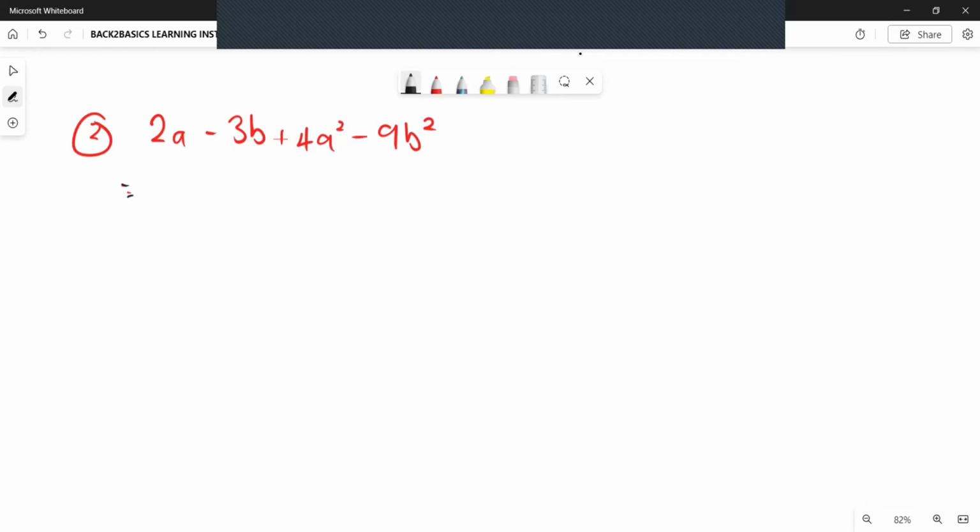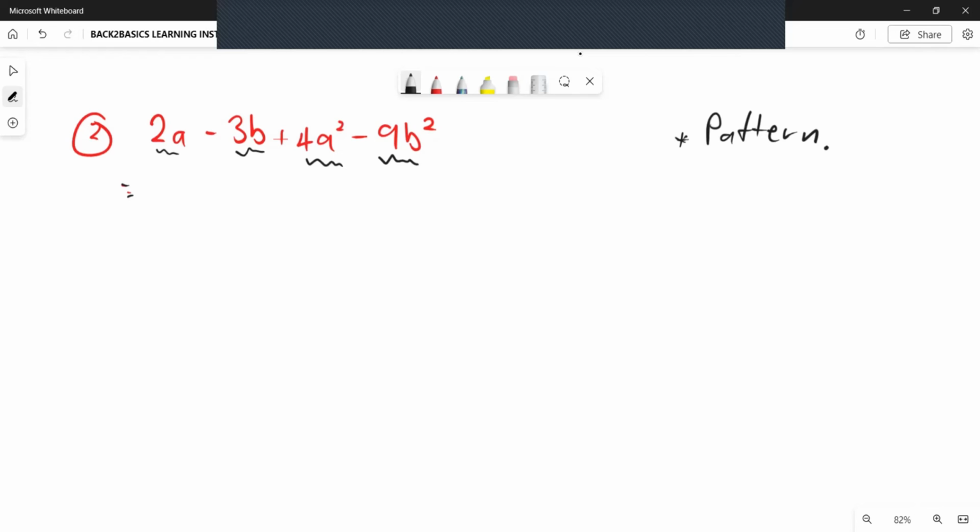So what is it that we can do here, right? Now remember I said you need to start by identifying the pattern, right? So do we have a pattern here? Yes, if you can check here, you have 2a subtract 3b. Okay, it's fine. There's nothing interesting there. But look here, you have 4a squared subtract 9b squared.